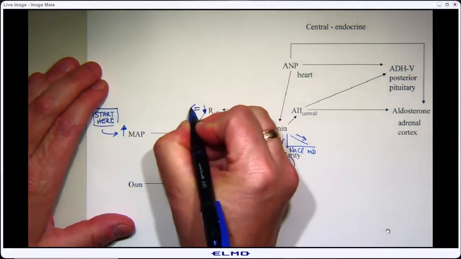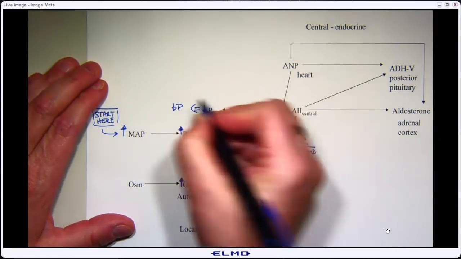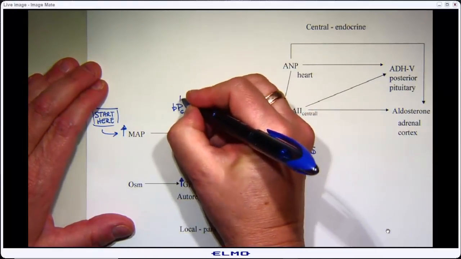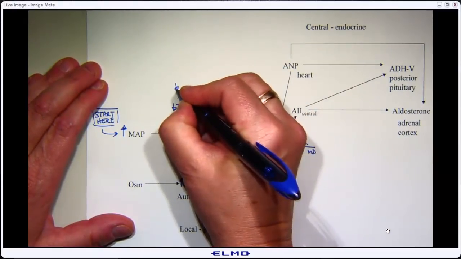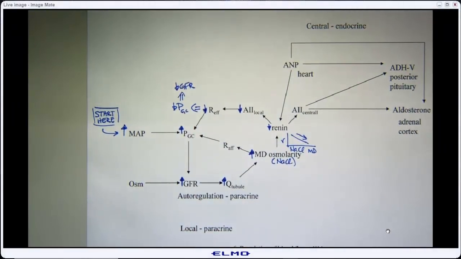That's going to result in a decrease in pressure in the glomerulus, the glomerular capillary bed, and decrease GFR. Okay, so this is the kidney locally protecting GFR. Okay, so that was that whole sodium chloride in the macula densa we just talked about. Okay, so local kidney defending GFR.